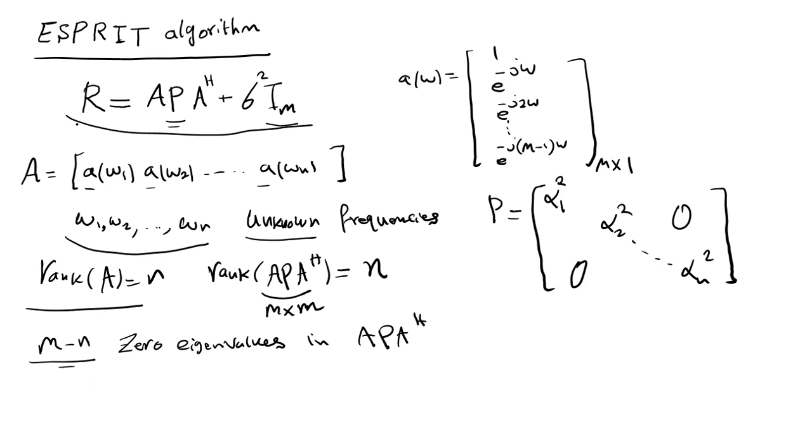I can write the eigenvalues of the correlation matrix. Lambda of R equals lambda tilde k plus sigma squared for k equals 1 until n. N is the number of frequencies.